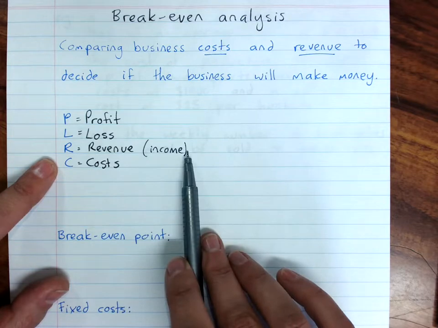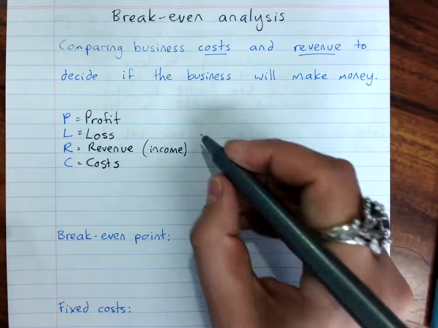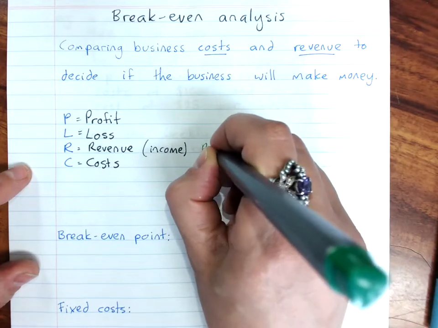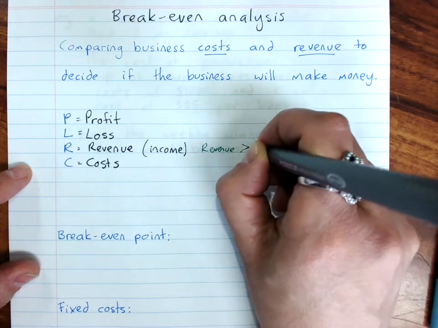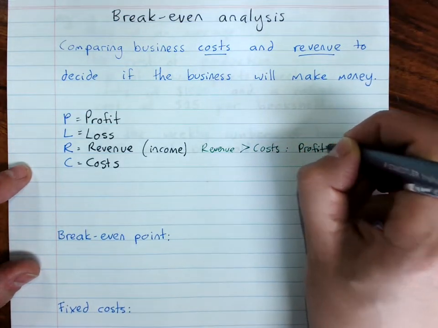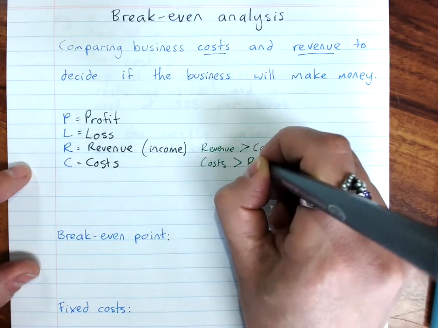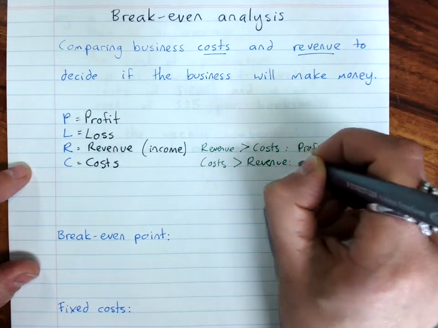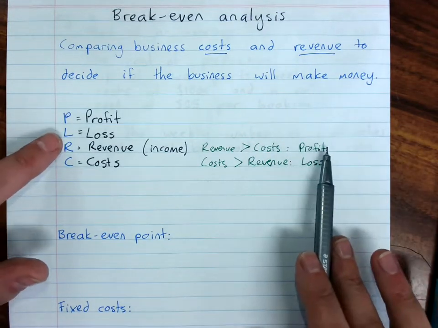If the income is higher, then we've made a profit. If revenue is higher than costs, that means you've made a profit. If costs are higher than revenue, you've made a loss. And that's just whether you made a profit or a loss.